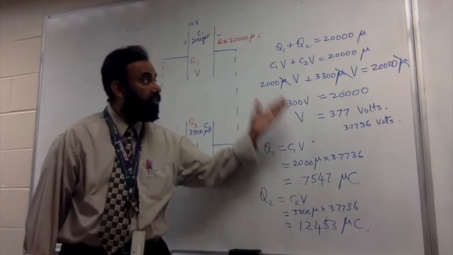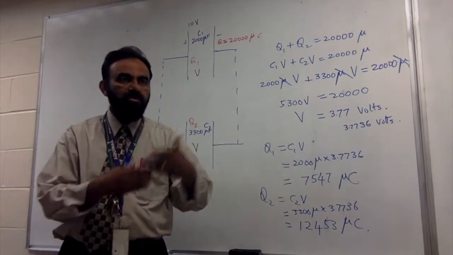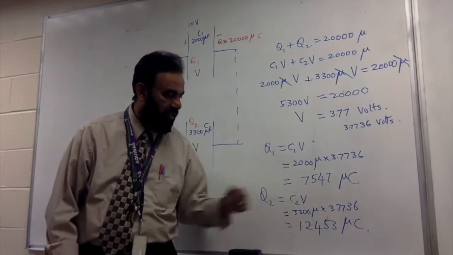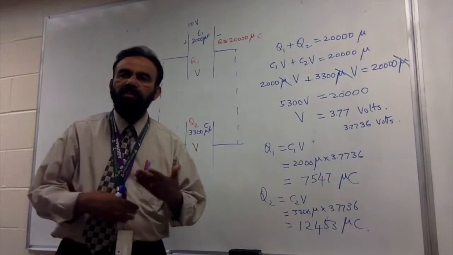Add this with this, it should be 20,000. So that shows you that charge is always conserved. So the Q1 is this and Q2 is this, and the charge together should be that.